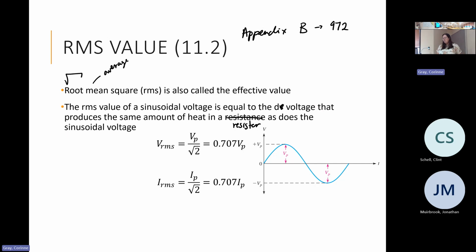So we get these two values. VP is peak voltage and IP is peak current. Let's say, hypothetically, we had the RMS value and we wanted to find the peak value.